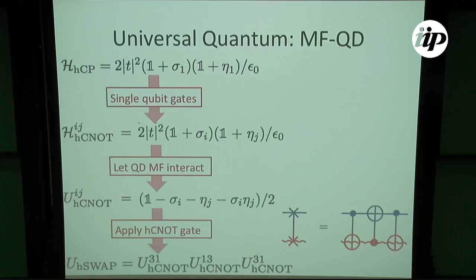And by applying the C0 gate in a particular way, so by applying it once, then changing the control and target qubits, and then applying it again, one can actually generate a swap gate. What a swap gate does essentially is transfer the quantum information from the spin qubit to the Majorana qubit coherently.